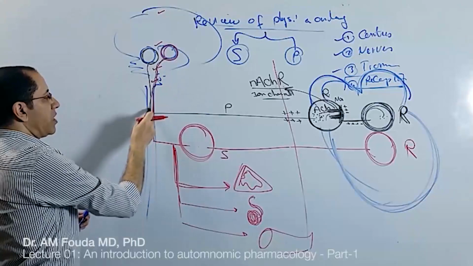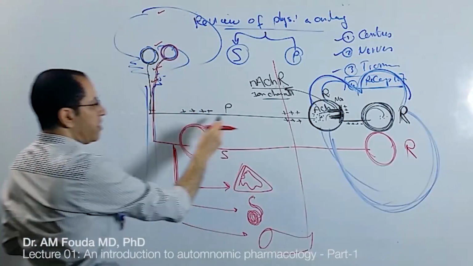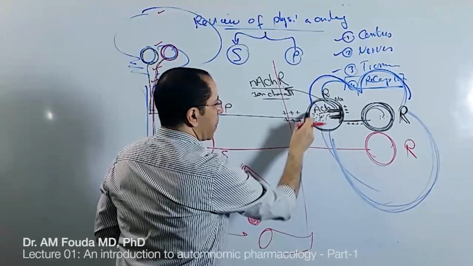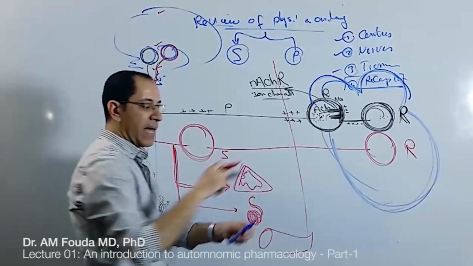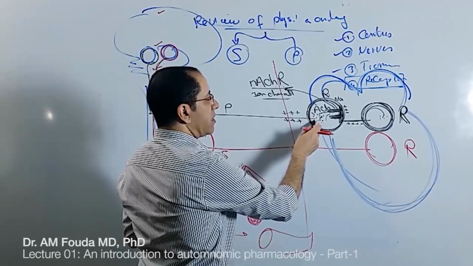the postganglionic membrane becomes depolarized, and signals come in this direction. So, when postganglionic fibers are depolarized, the depolarization wave reaches nerve terminals.